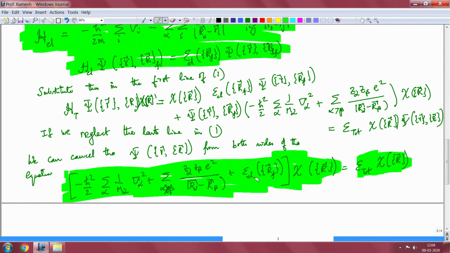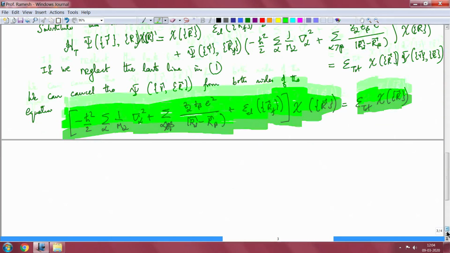Now, there is something that I have brushed aside under the carpet, which I have to revisit, which is basically the terms that I have neglected.